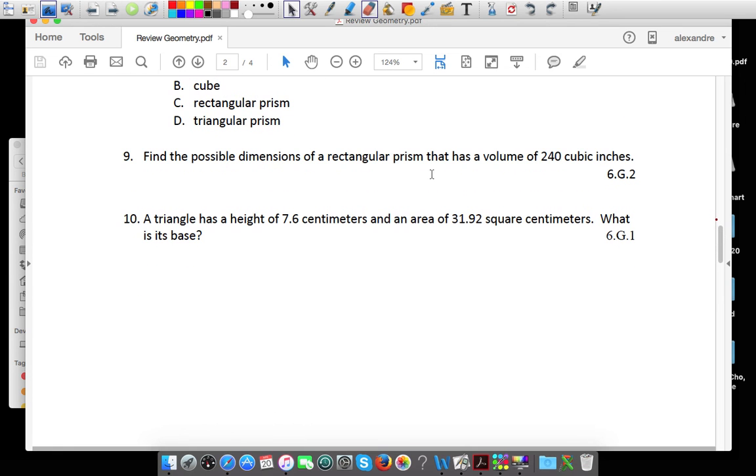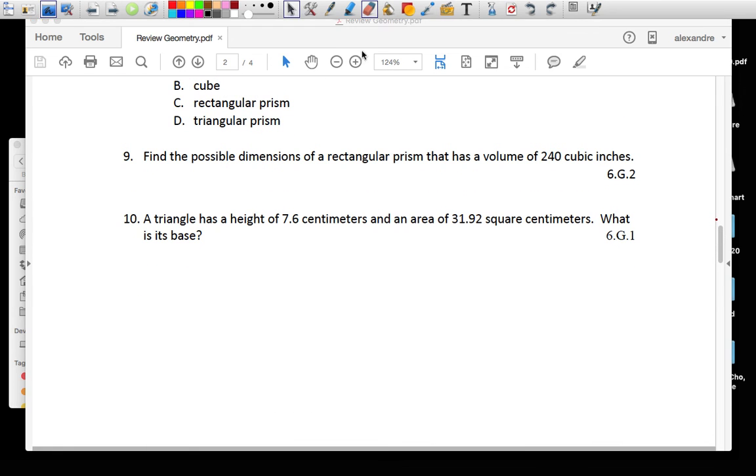Find the possible dimensions of a prism that has a volume 240. Okay, so the volume here is big B times h, or if you want, length times width times h. So if the volume is 240, what are some possibilities?